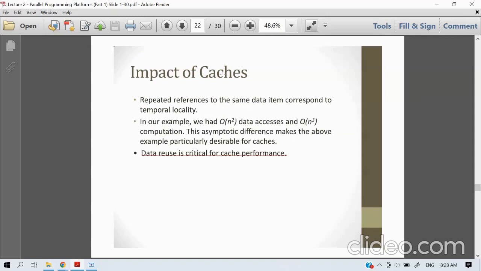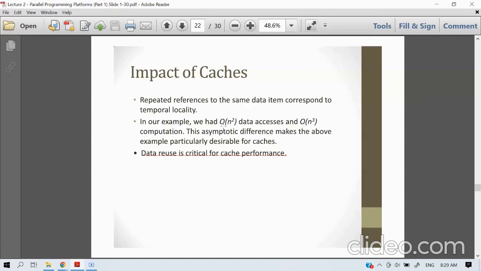Okay, the impact of caches. Repeated references to the same data item correspond to temporal locality. So if we keep on reusing the same data item, it corresponds to temporal locality, so we can access the data many times. In the given example, we had O(n^2) data accesses and O(n^3) computation.